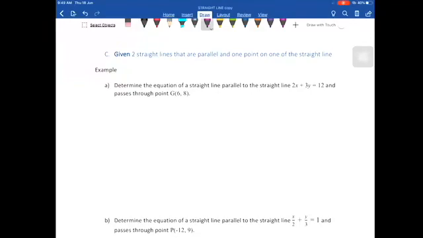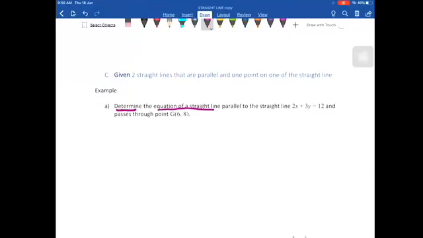Dia suruh tentukan equation of a straight line di mana straight line tersebut adalah parallel kepada straight line 2x plus 3y equals to 12. Dan equation of a straight line yang parallel ni, dia melalui point G.